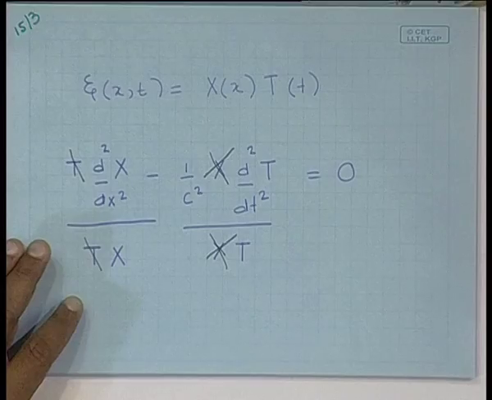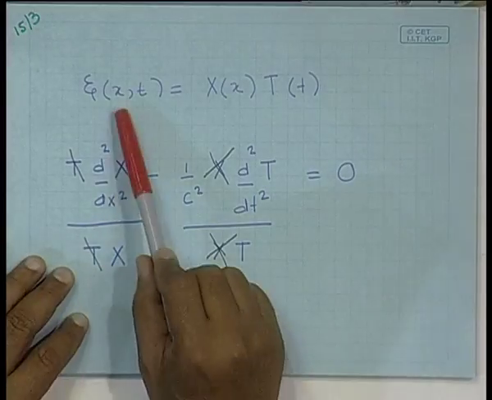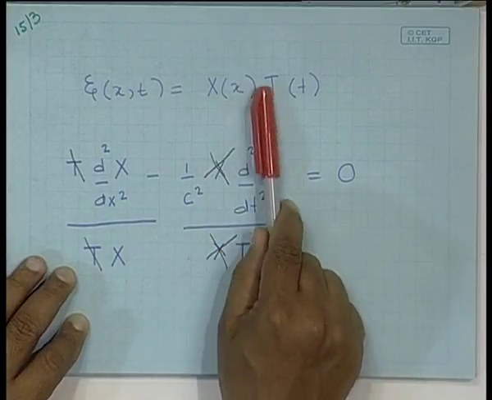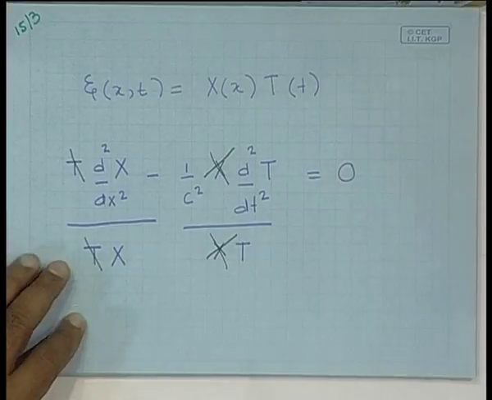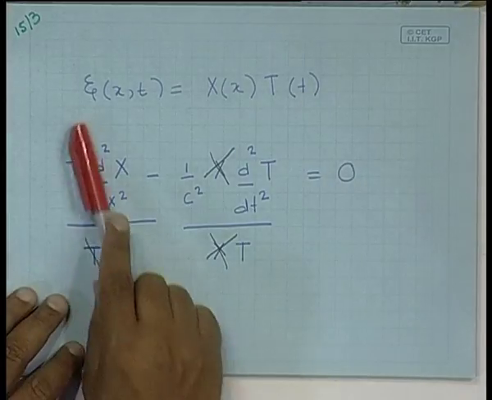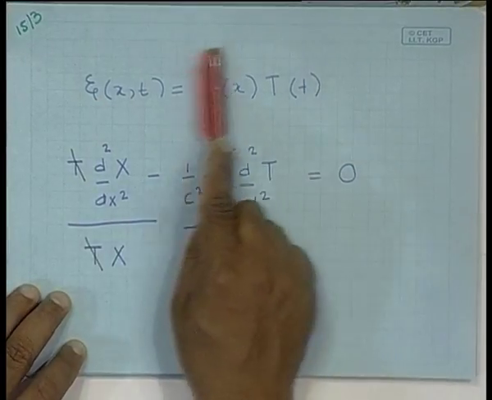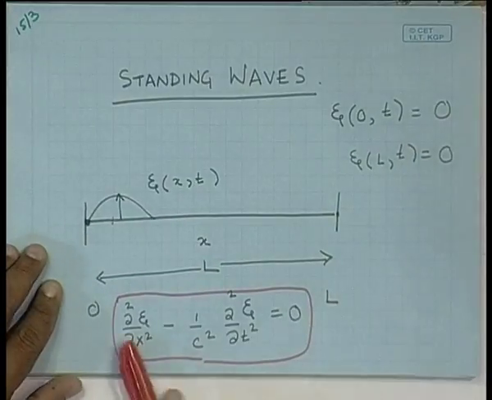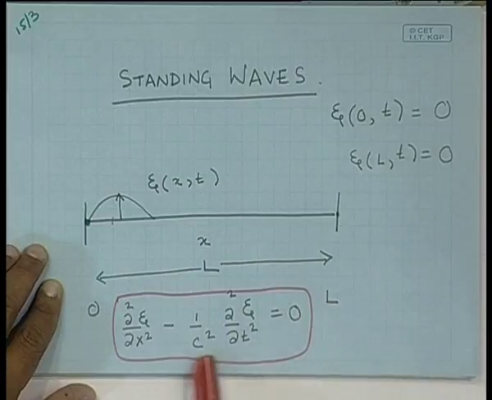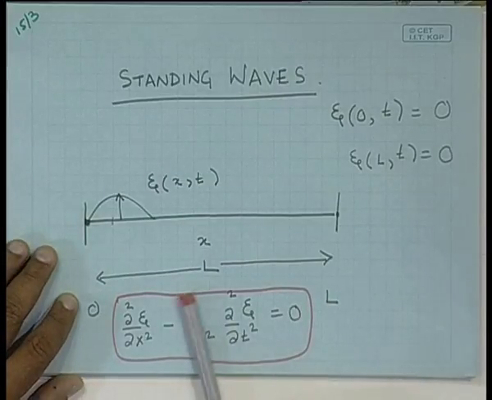We are using the method of separation of variables. In this method we assume that xi is a product of two functions, one of x alone and one of t alone. So, we take a trial solution which looks like this and we then plug it into the wave equation. We had done this in the last class.